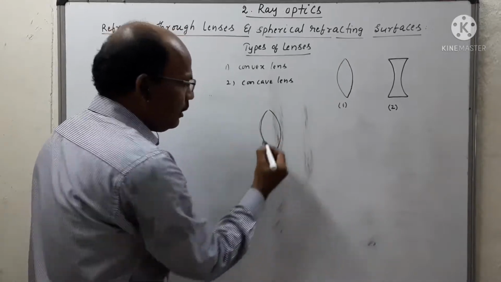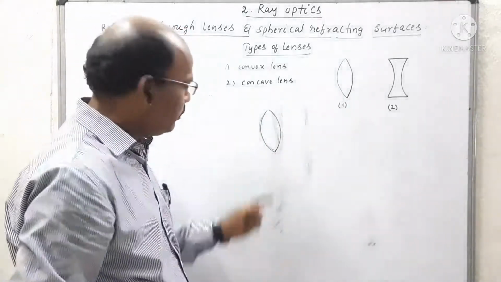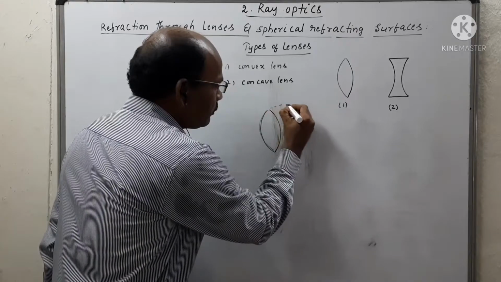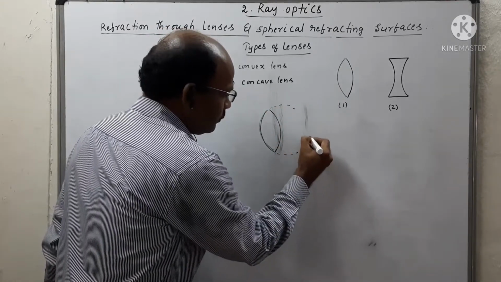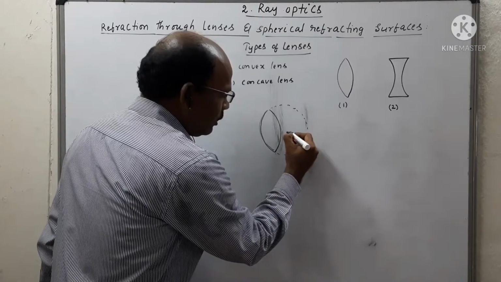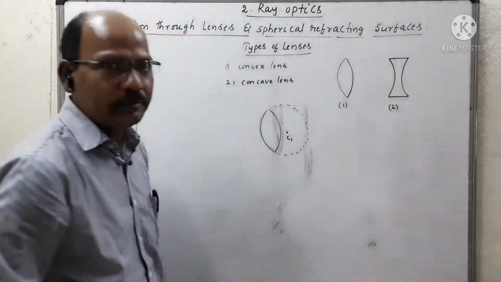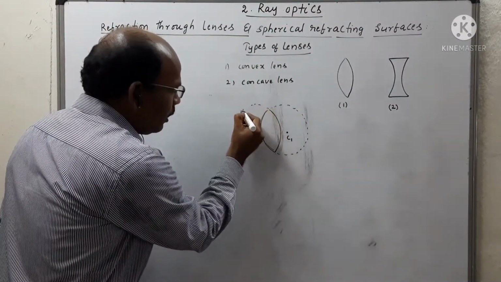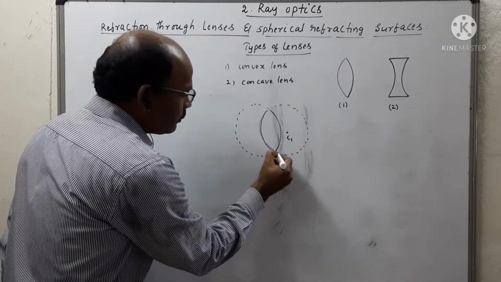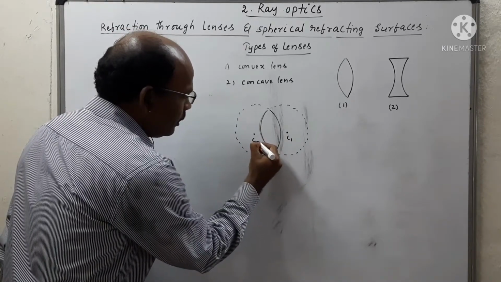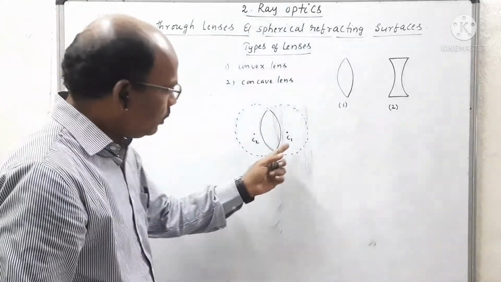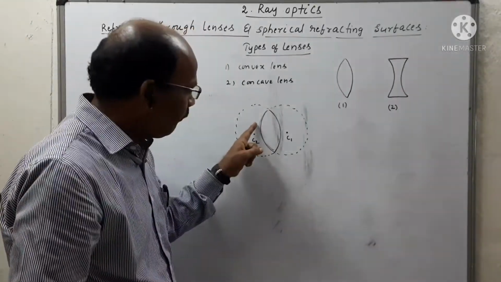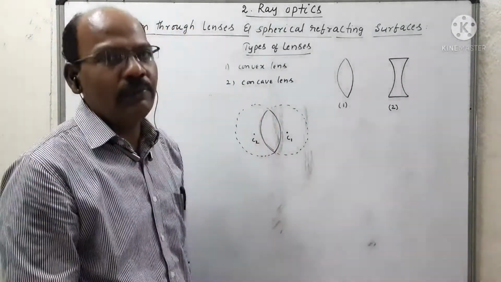We can take the first curved surface, that means towards the left. Then we can form a sphere. This is the sphere and the center of the sphere is represented C1. The other refracting side also forms another sphere whose center is represented C2. So C1, C2 are the centers of curvature of the first refracting surface and the second refracting surface.